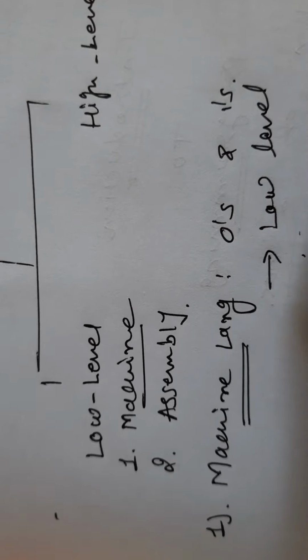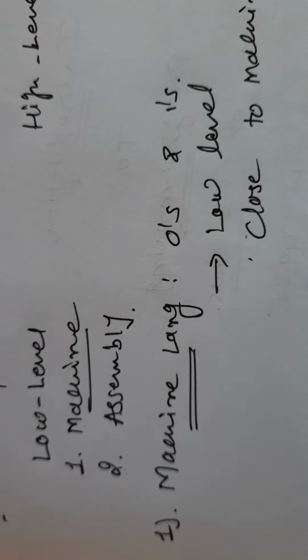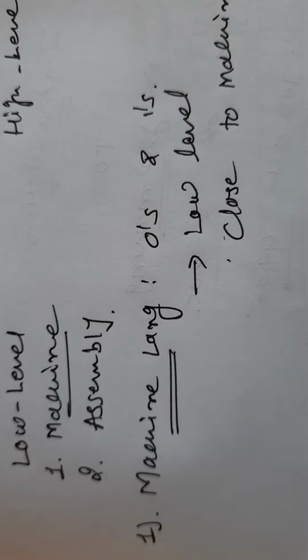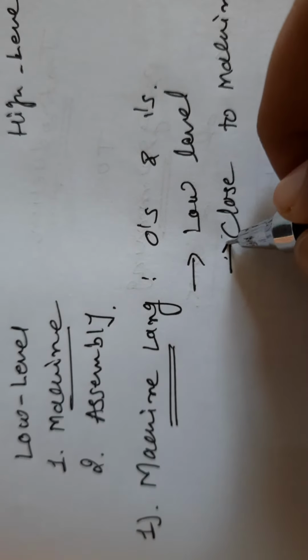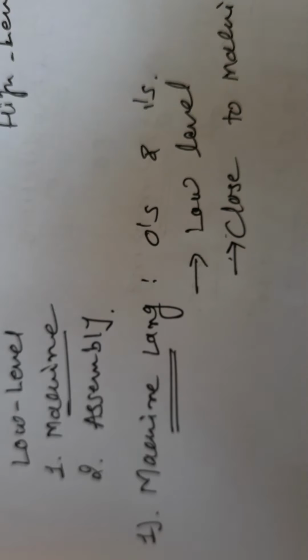Because it is very close to the machine, or you can say it is very close to hardware or processor, because our CPU understands only zeros and ones. If we want to write a program in any other language rather than zeros and ones, then it won't execute that program. Now let us take an example.